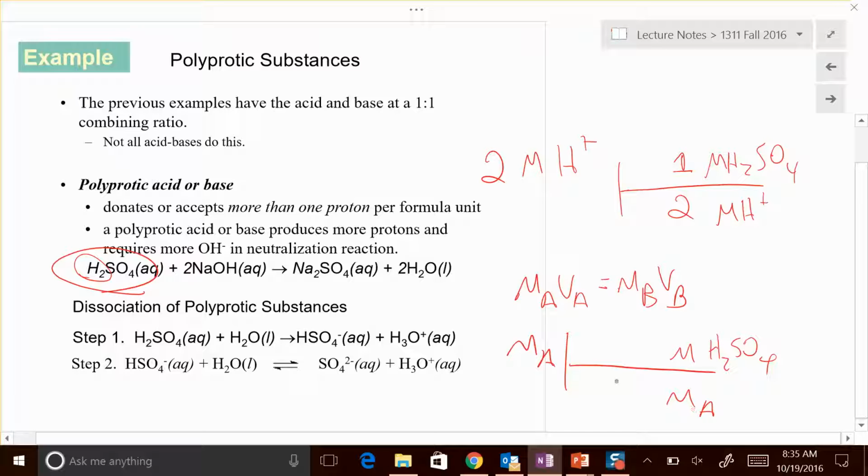So for every 2 molarity units of acid, I have 1 molarity unit of H2SO4. So if I determined this to be 2 molar acid, then it would be 1 molar H2SO4.